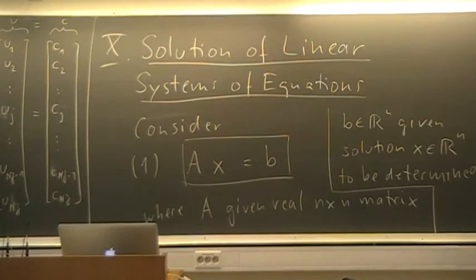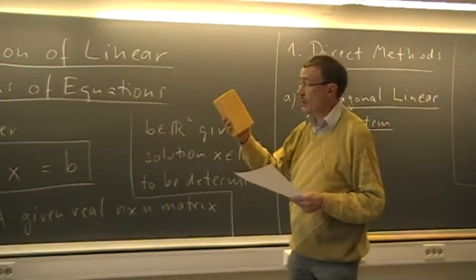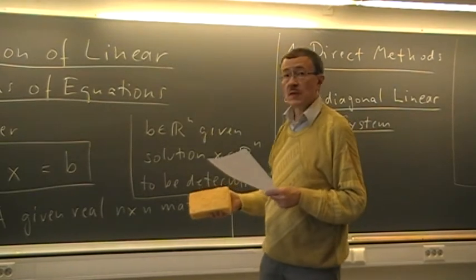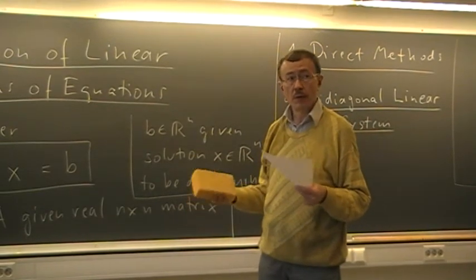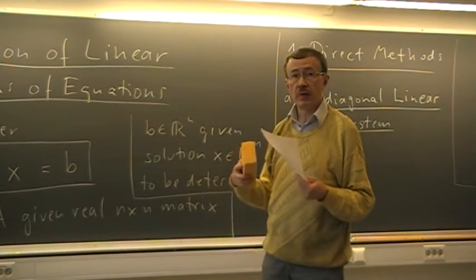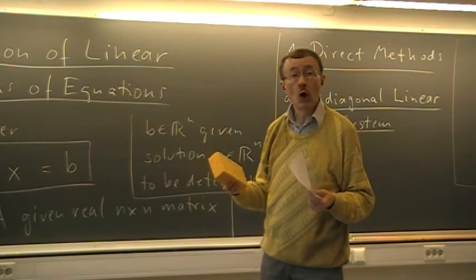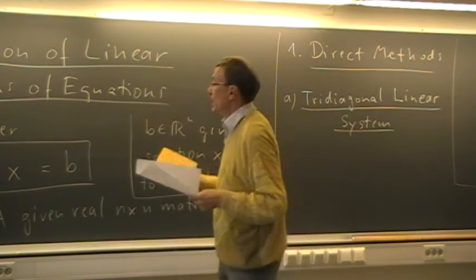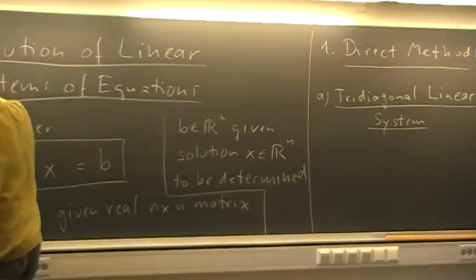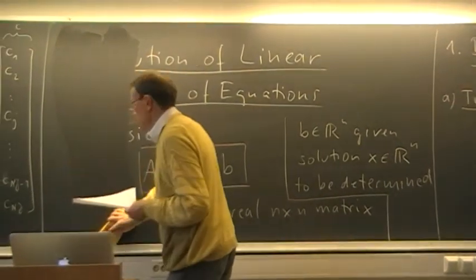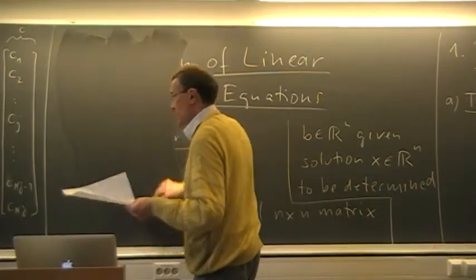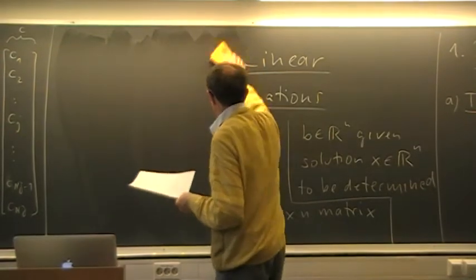And if this matrix is diagonally dominant, then we can solve it by Gaussian elimination without pivoting. But instead of using Gaussian elimination, we shall use LU decomposition, which is just another way of doing it.